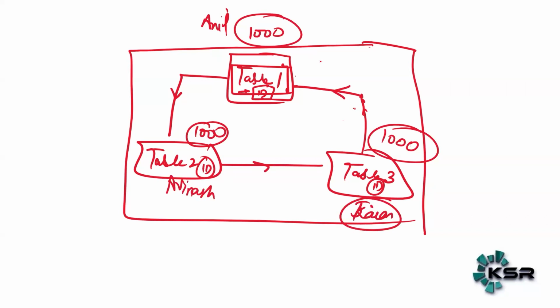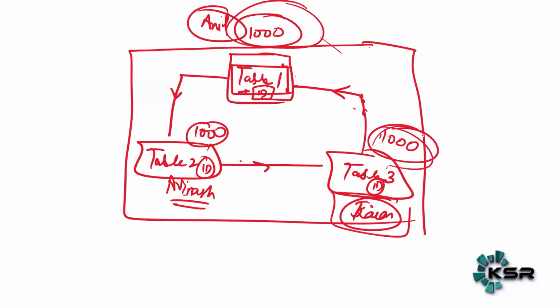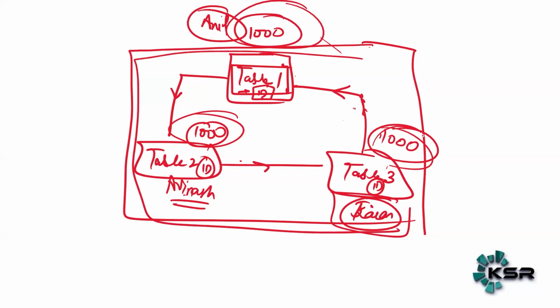Now Anil is saying to Avinash, give me 1,000 rupees. Then Avinash is saying to Karan, give me 1,000 rupees. Then this guy is saying again to Anil, give me 1,000 rupees. So guys, what is happening? It's like a perpetual credit cycle. Yeah, a cycle is created, right?